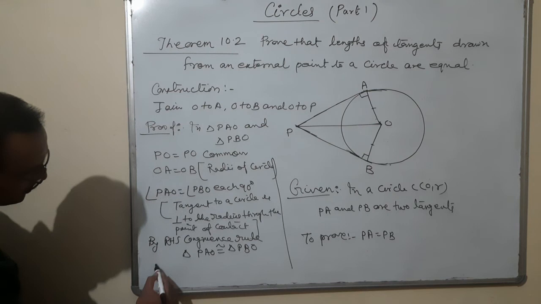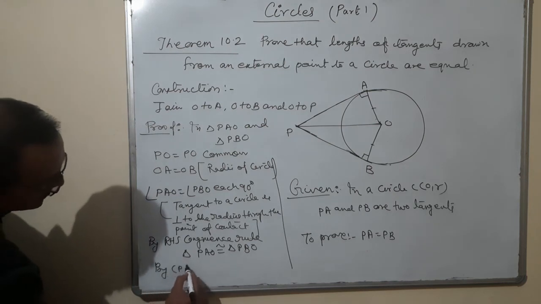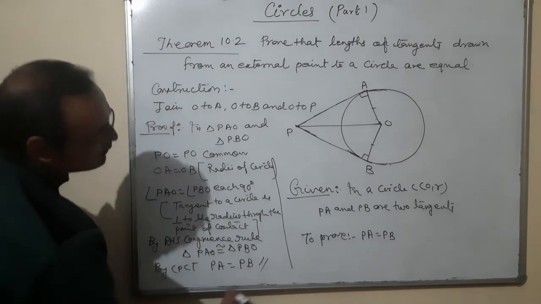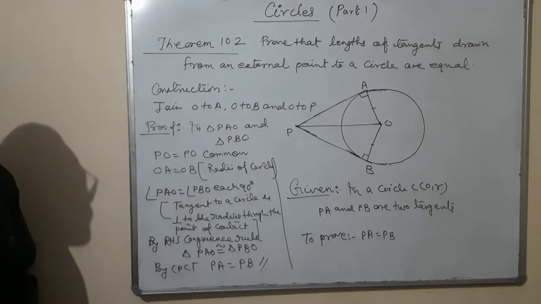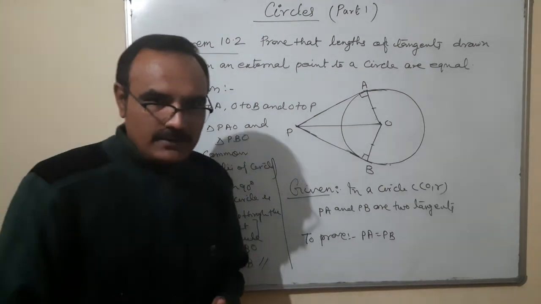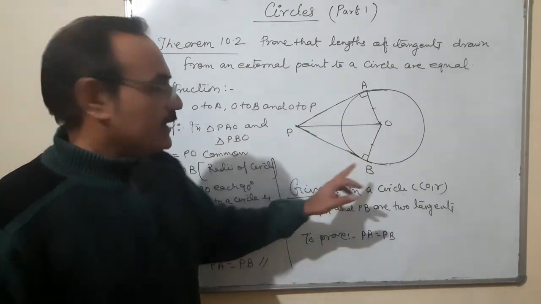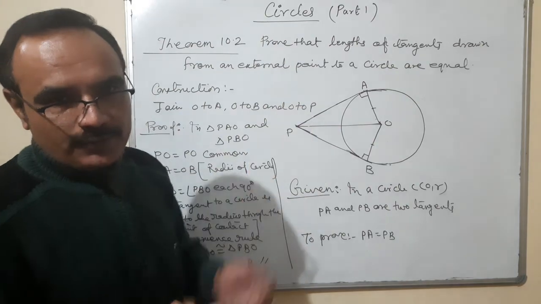Therefore, by CPCT, PA is equal to PB, as well as angle APO is equal to angle BPO. That means their angles are also equal.